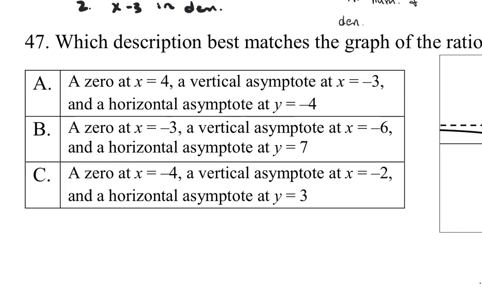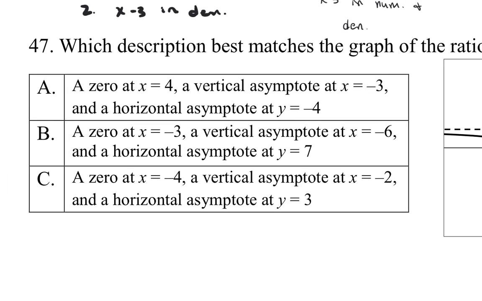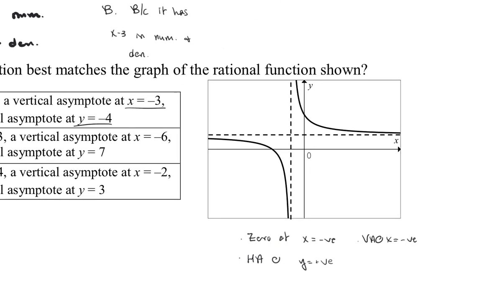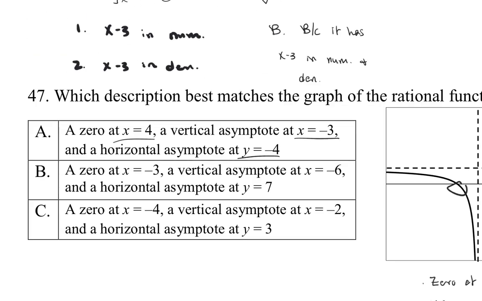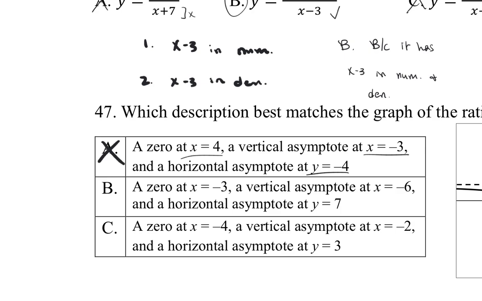So first, A, we have a zero at x equals 4, vertical asymptote at x equals negative 3, and a horizontal asymptote at y equals negative 4. So right off the bat, we know that our zero should be negative, so A is not correct.